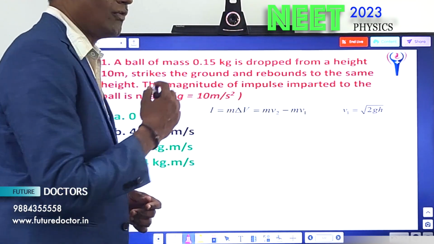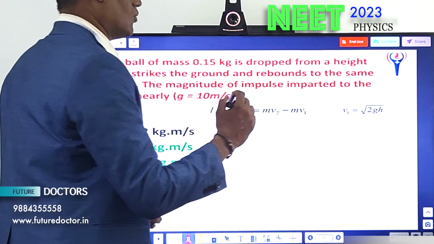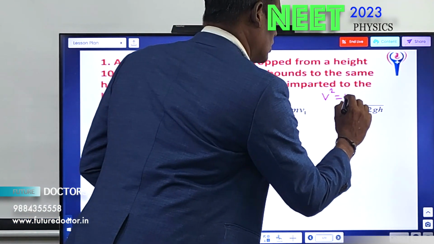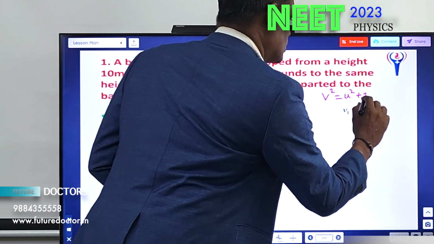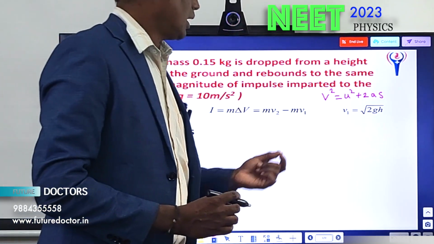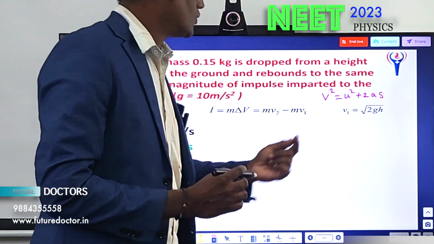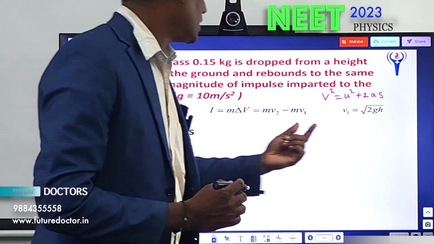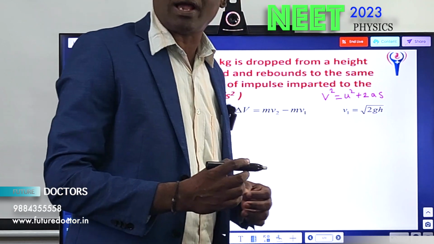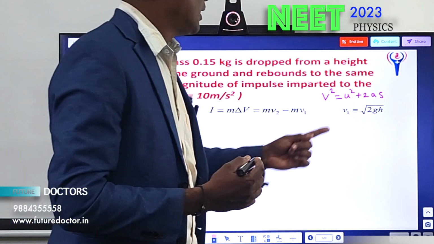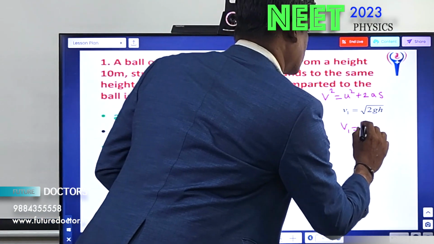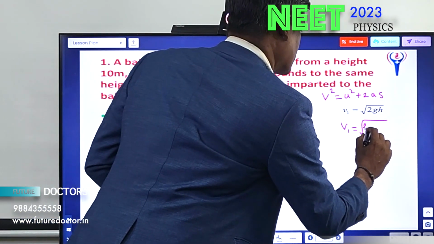And from the third equation of motion, v square equal to u square plus 2as, with u equal to 0, final velocity v equal to v1, a equal to g, because the ball is dropped from a height, and s is height h. Then v1 equal to square root of 2 into g into h.